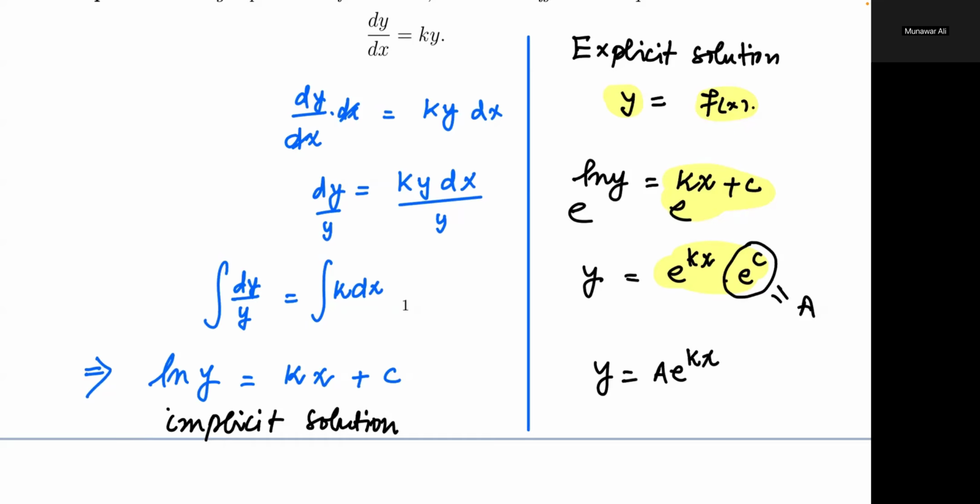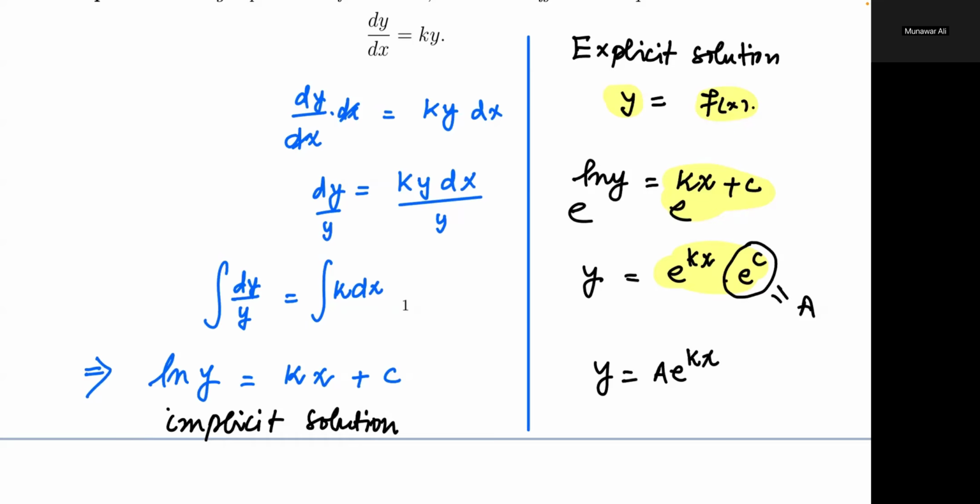And we know that function is e to the x. So the solution should be e to the x. And multiplied by a constant a: if you take e to the x, the derivative is e to the x. If you choose a different value of a, for example 2, the derivative is still 2e to the x. So this is the solution.